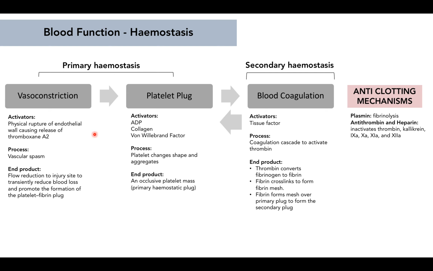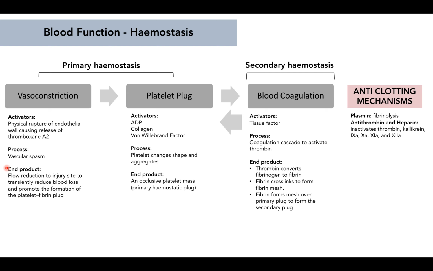When we talk about primary hemostasis, what happens when you first get that cut? Firstly, your blood vessels will respond immediately by performing vasoconstriction. When there's a physical rupture in the endothelial wall of your blood vessels, there is going to be a special chemical release called thromboxane A2, and this will initiate a process called vascular spasm.